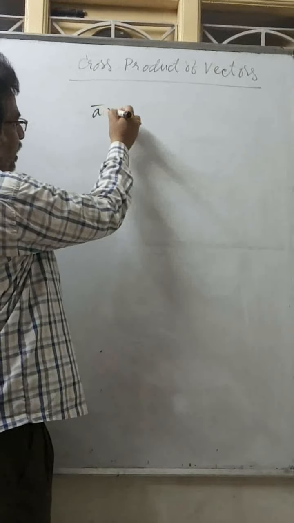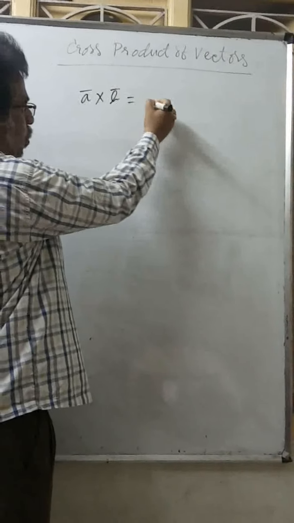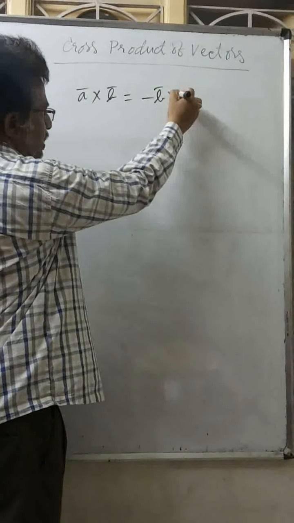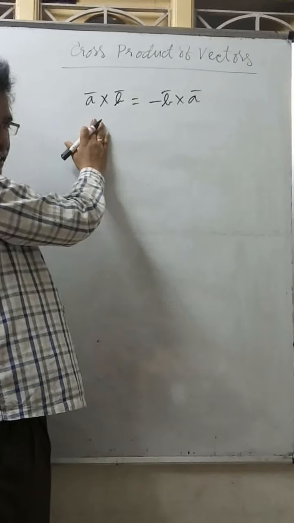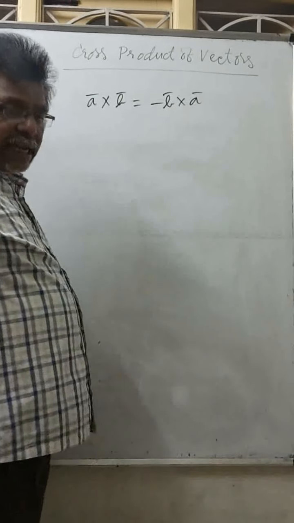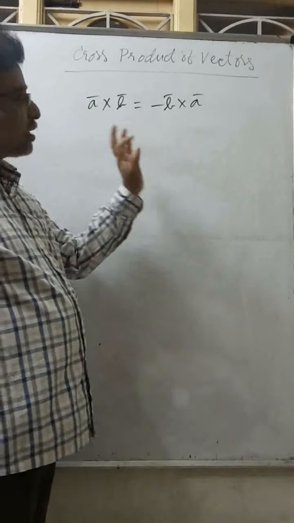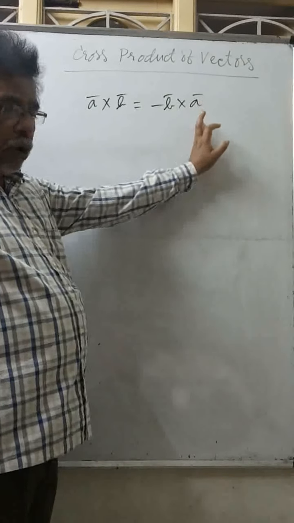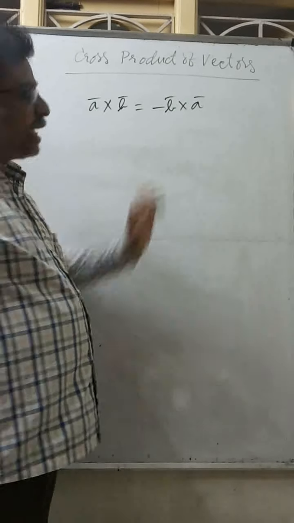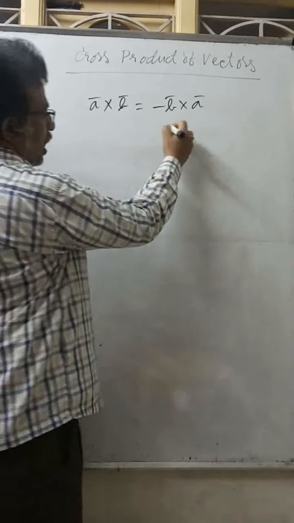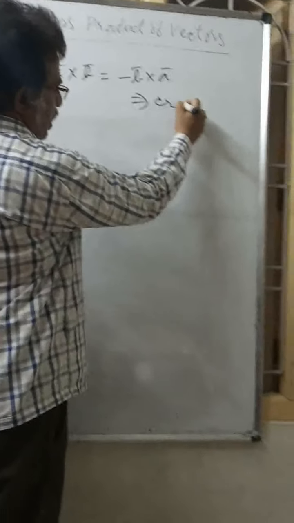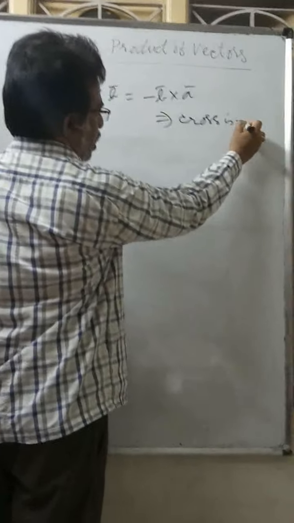If you want, you can write a cross b equal to minus b cross a. Because this is a right-handed system, if I interchange the direction, then it becomes a left-handed system. So a cross b equal to minus b cross a implies cross is not commutative.